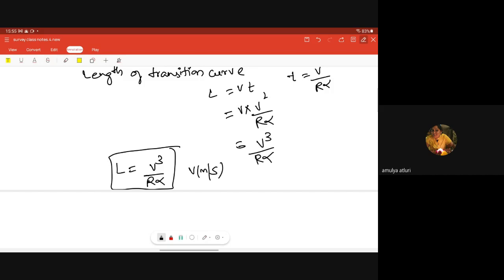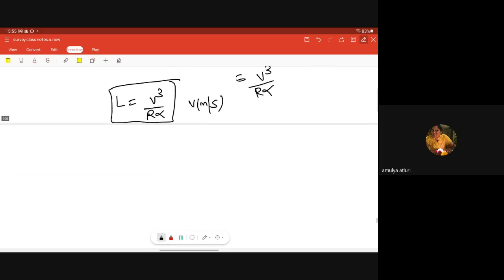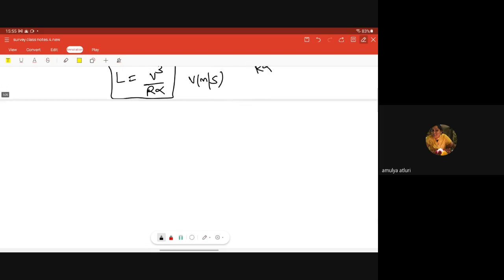Rate of change of angular acceleration. So there are a few empirical formulas. Empirical formulas are nothing but formulas based on experimentation values, where we have done a lot of experiments and come to a conclusion with constants, right?